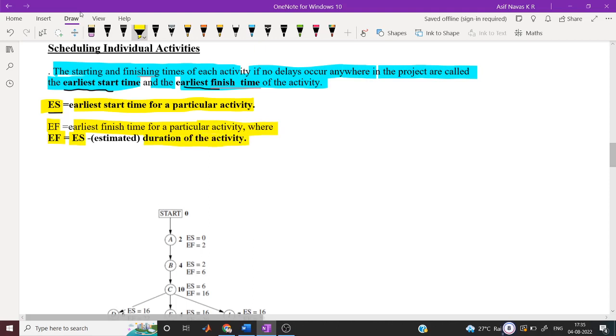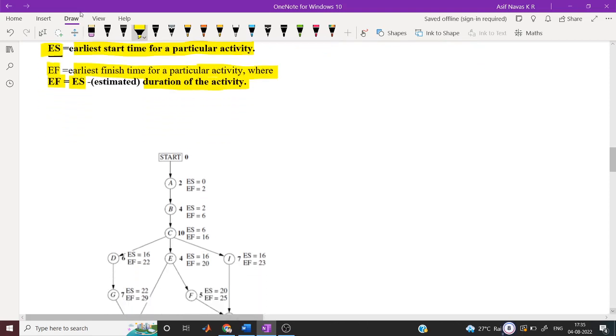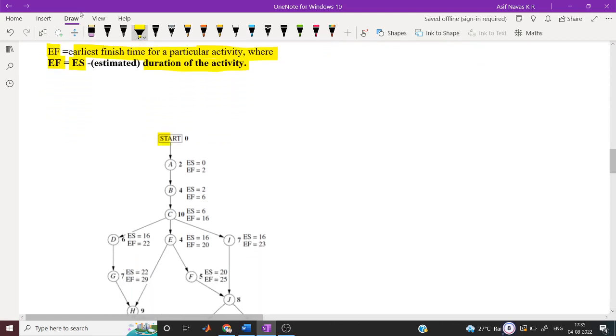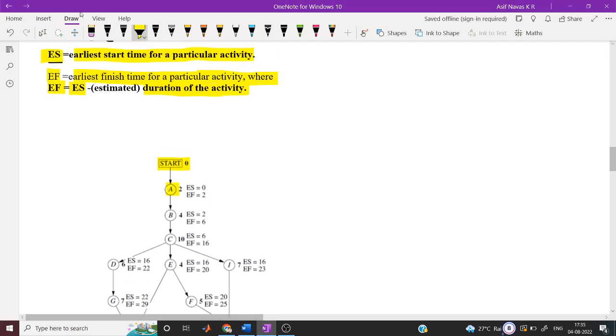Now we can calculate ES and EF for each node. So start here is 0, and for node A, ES, the earliest start time, is 0 here, and EF is earliest start time plus the duration of the activity.